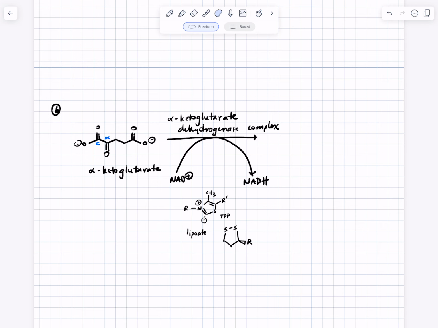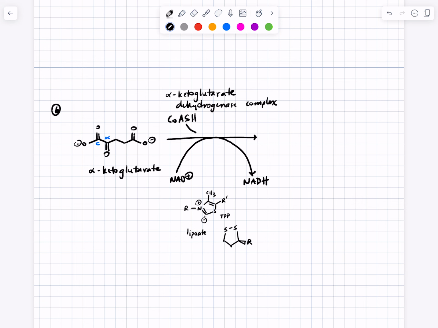Again, we will not go through it in a lot of detail because you've basically seen it before. And then in addition to that, you need to bring in coenzyme A as a thiol. And when that process is done, we're going to lose that as CO2.